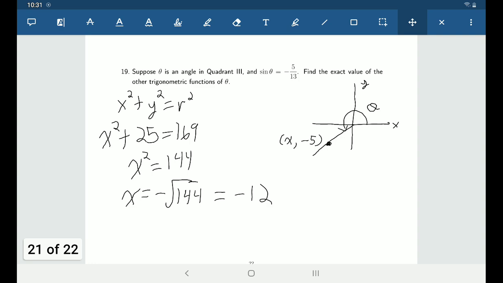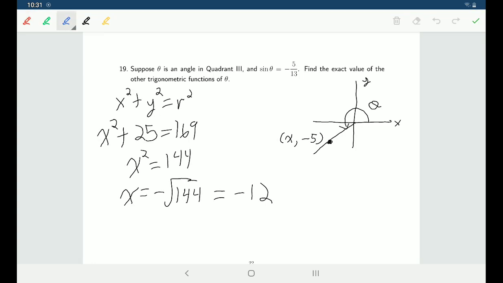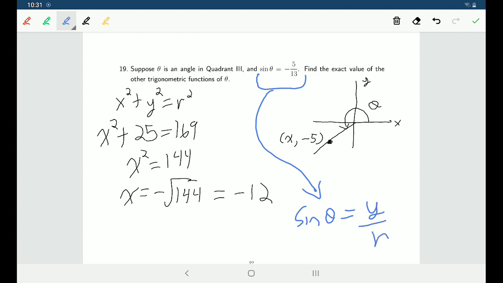All right, so here we've got an angle in quadrant 3, and sine of theta is negative 5/13. If we're thinking about angles in standard position on the xy plane, we first need to remember that sine of theta is y over r. So I've already drawn my angle in quadrant 3.